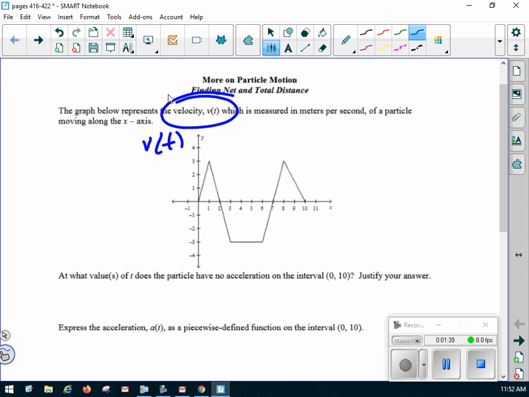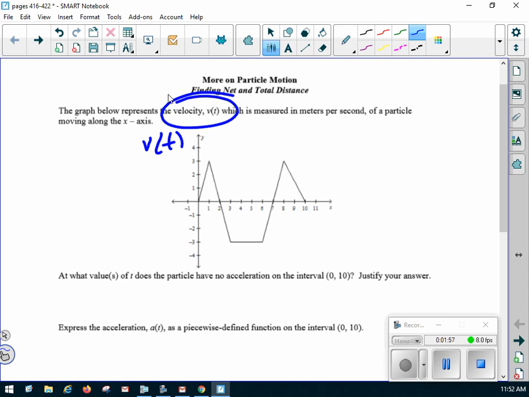Now, let's think about this. The particle is moving horizontally, okay? What do we know when velocity is positive? The particle is moving to the right. When velocity is negative, the particle is moving to the left.